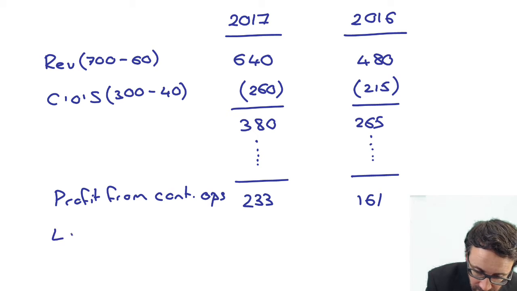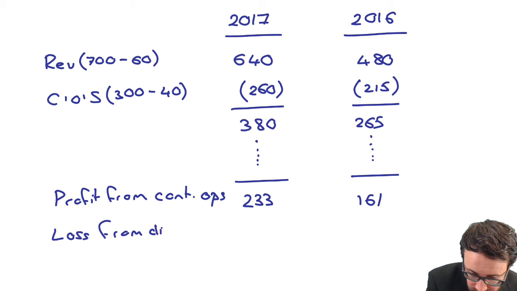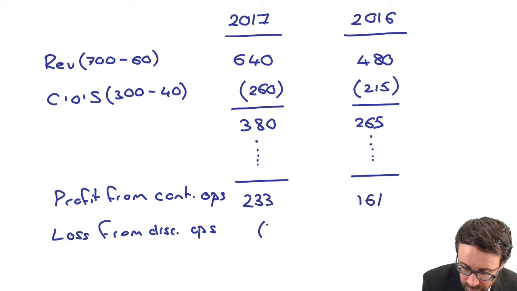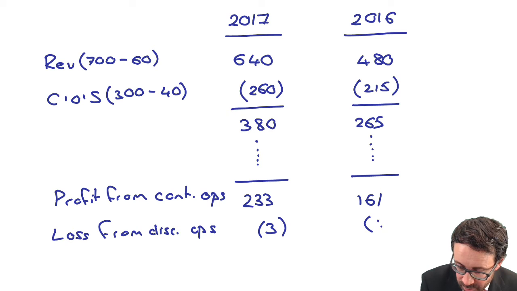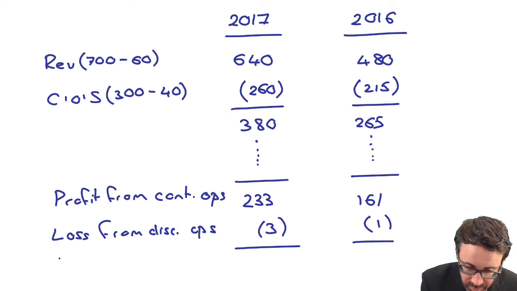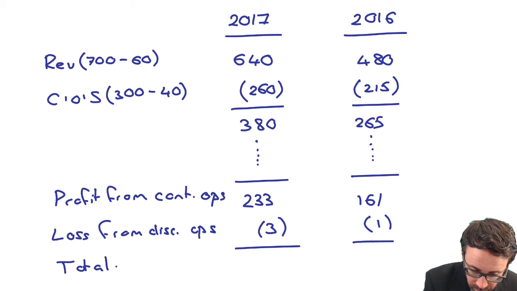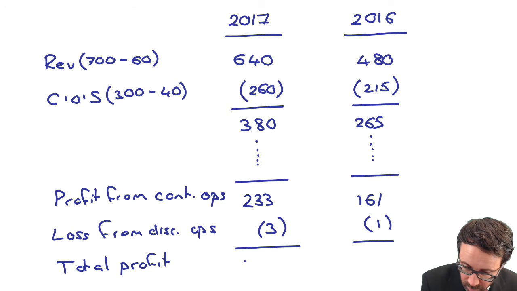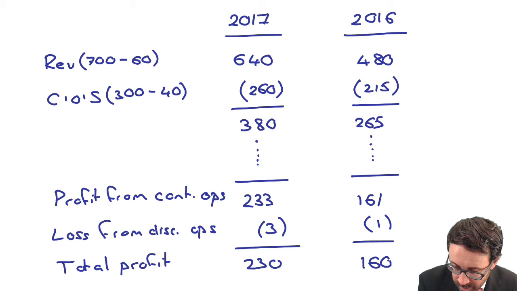You've then got your loss from your discontinued ops. So is that 3 and 1. So you've then got your total profit, which here is 230 and 160.